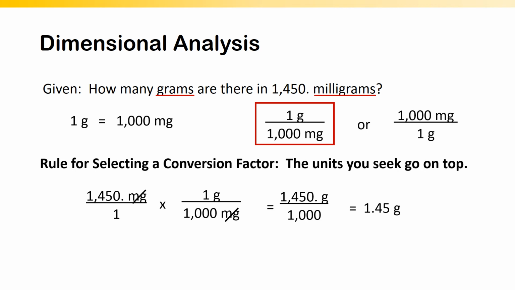So because we have 4 significant figures in our given value, we need for our answer to also have 4 significant figures. So what we need to do is add a 0 to our answer, making it 1.450 grams. And now we're done. So here we've taken 1,450 milligrams and converted it into 1.45 grams.